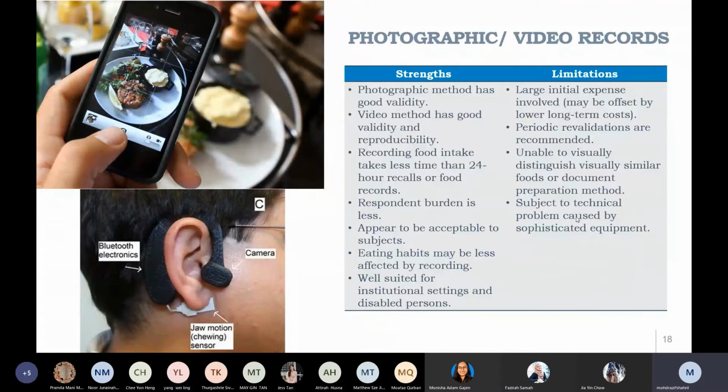So every time you open the mouth, the camera will click to take a picture. It's not taking pictures all the time, only when your jaw is moving. These are things being prototyped at various institutions to increase the validity and accuracy of dietary reporting methods.